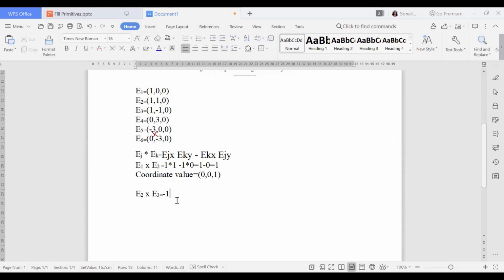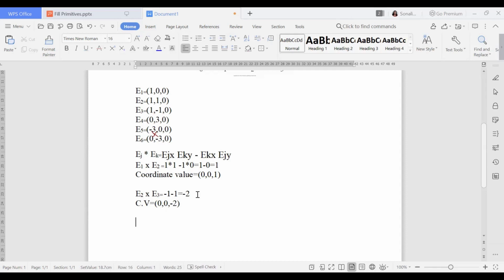Then I have to give the minus, then write 1 into 1 is 1. So how much did I get here? I got -2. What will be the coordinate value of this? Inside the bracket you have to write 0 comma 0 comma -2. It's negative.